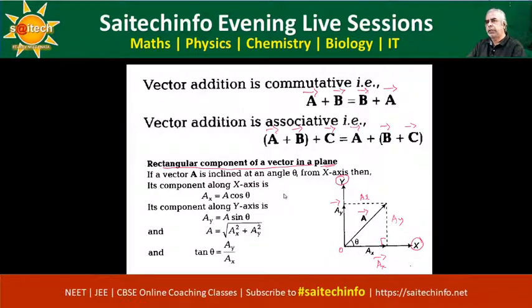So cos theta is equal to Ax, the adjacent side, divided by the hypotenuse. A is the hypotenuse. So Ax is equal to A cos theta. Similarly, what is sin theta in a right angle?